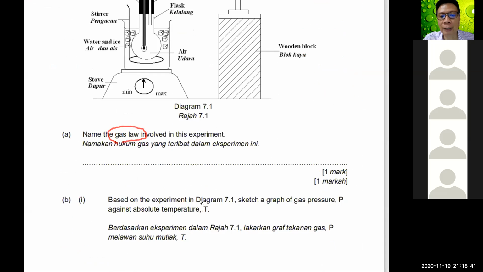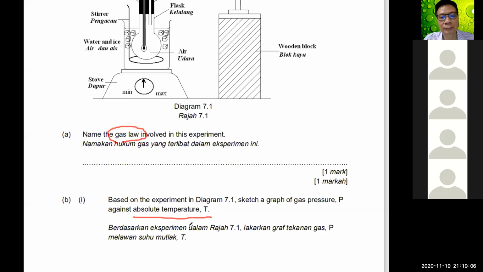Based on the experiment, sketch a graph of pressure P against the temperature T. You sketch a graph of pressure against the absolute temperature. Absolute temperature means it must be in Kelvin.